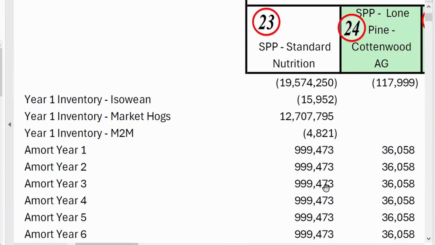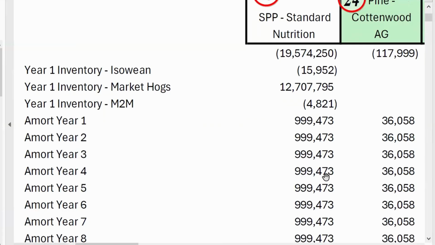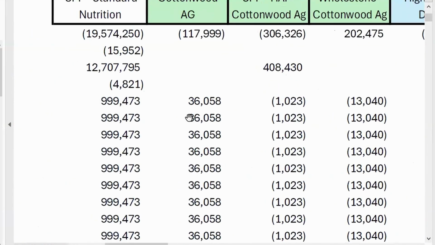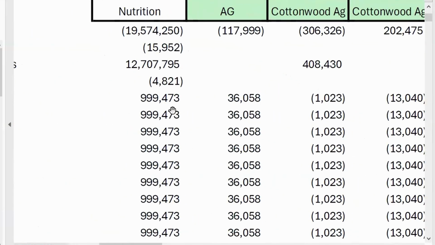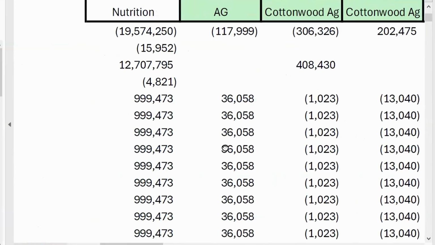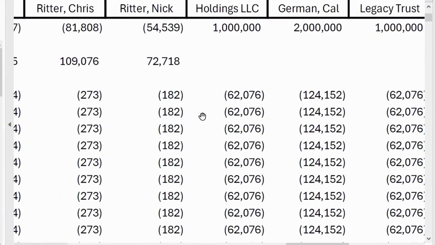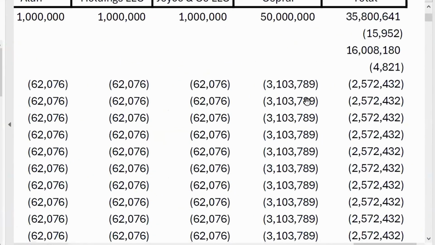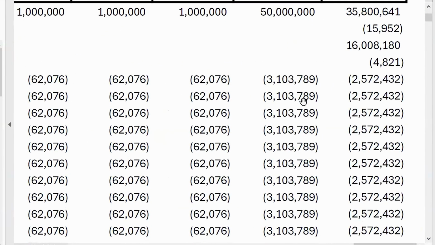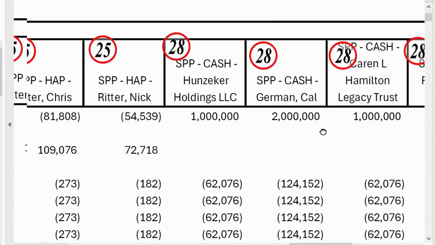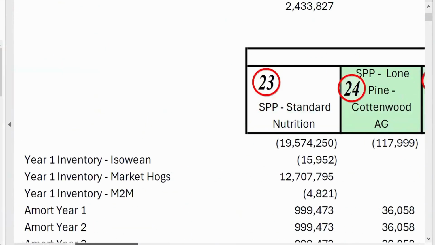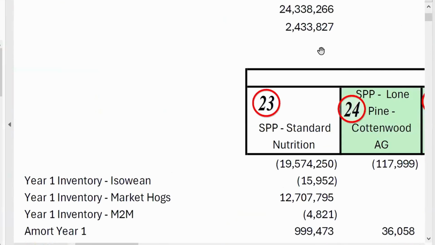Then the next lines are, well, we have an income pickup by standard of $1 million on an annual basis, and we have depreciation going to the big boy down here of 3.1, correct? So now we know that based on $2 million worth of depreciation that's in play, that's how we're going to allocate it.